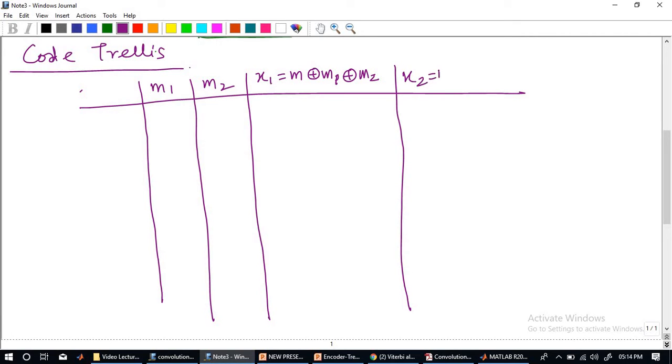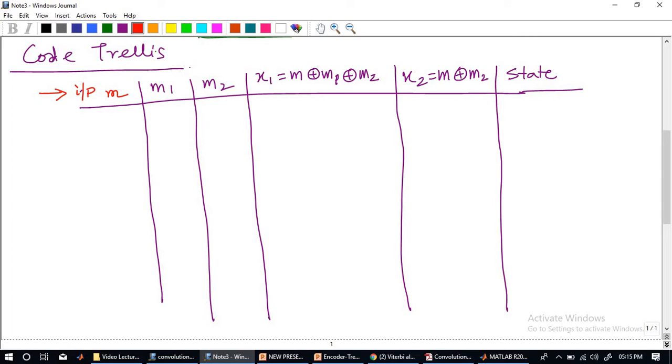x2 is m plus m2. So finally the table is giving us something called the state. I'll go one by one so that you are able to understand. The first block of the table is nothing but the input, or m.